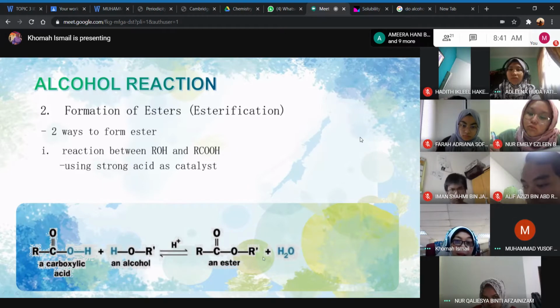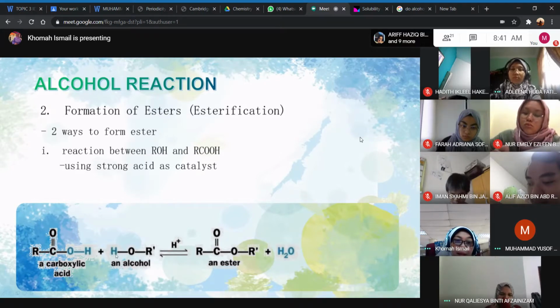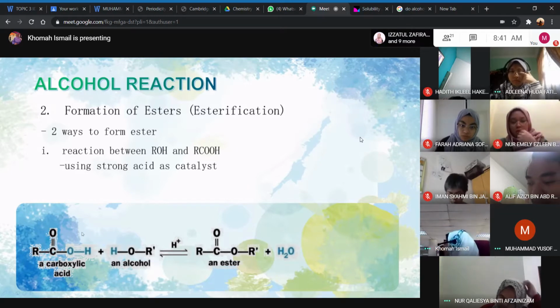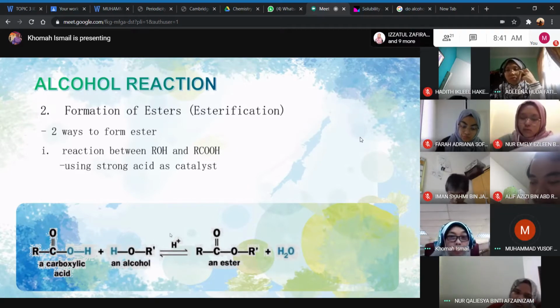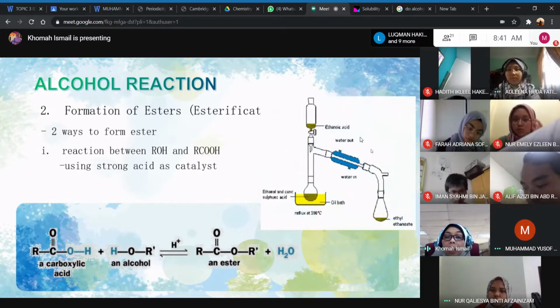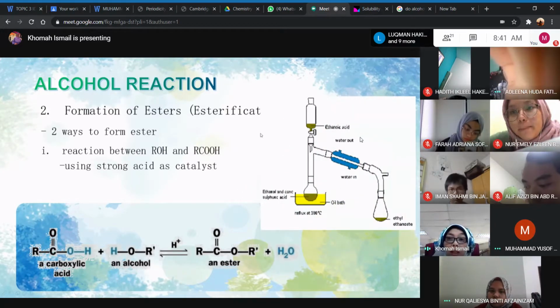Get it? That is why it is a different color, to show where it is broken. So you have to continue with the O and the carbon here. This is how you do your esterification.